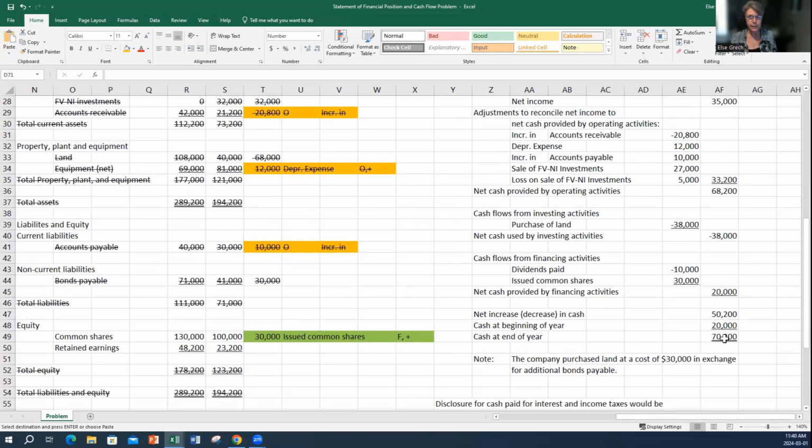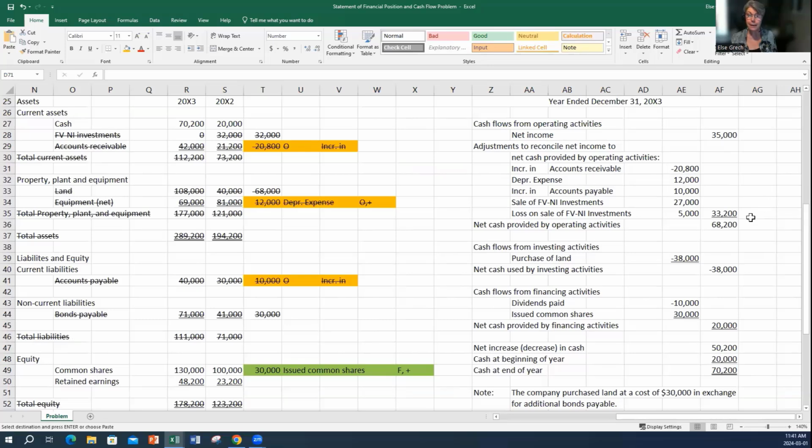So it says that this company has more than tripled its cash balance from one year to the next year, from 20,000 to 70,000, right? And they've managed to do that mainly by the cash that's being generated from operating activities. Remember that operating activities is the only sustainable source of cash. So this is a very good thing.